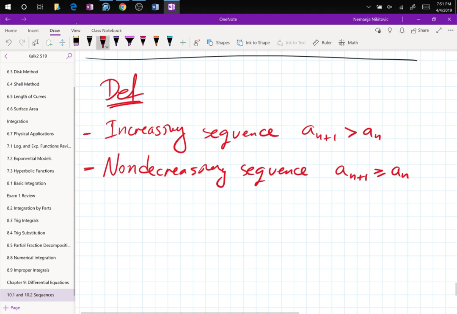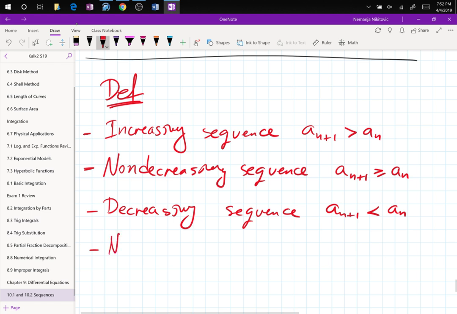Then we have a decreasing sequence: a_(n+1) is less than a_n. And then a non-increasing sequence: a_(n+1) is less than or equal to a_n.